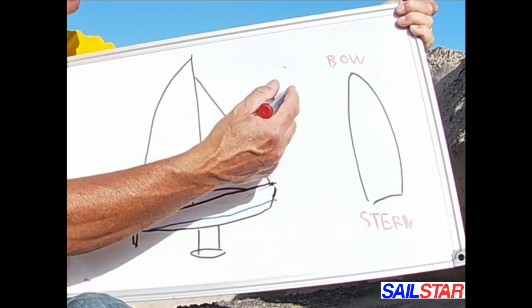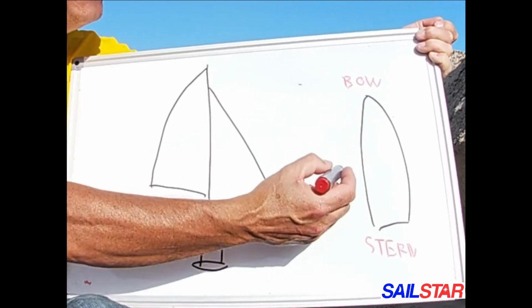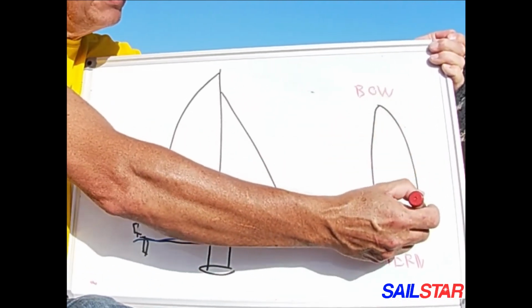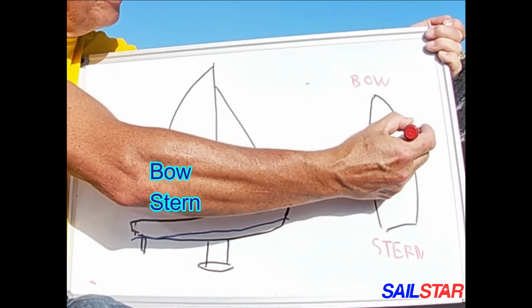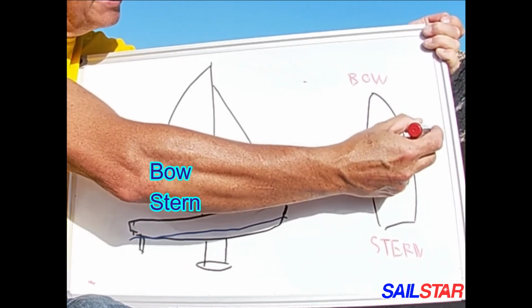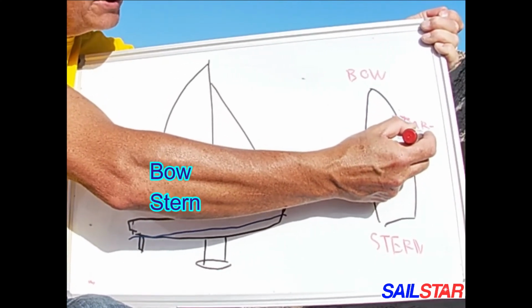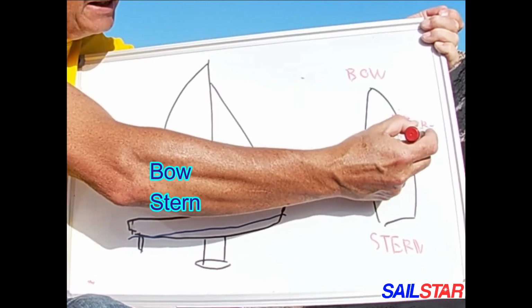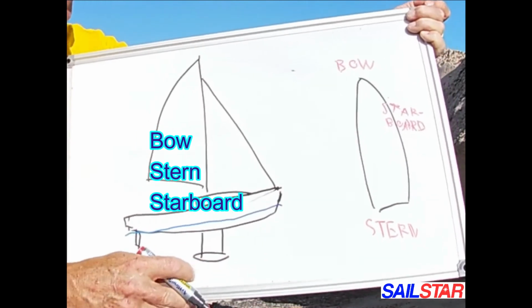And then we have the left and the right side of the boat, and the right side of the boat is starboard. So how come starboard? That's a big question, isn't it? Why is the name starboard? It's actually not stars. That's a wrong way here. Starboard, I hope you can see that.